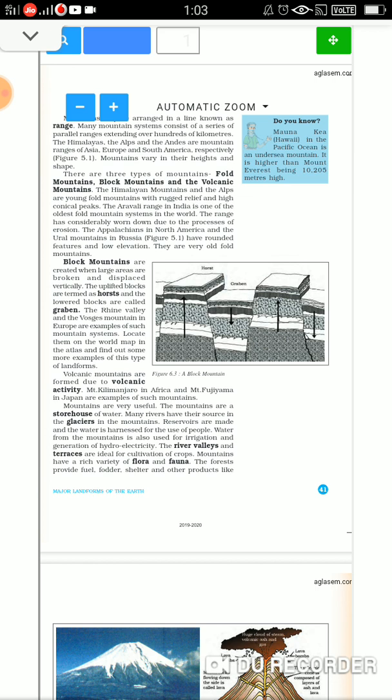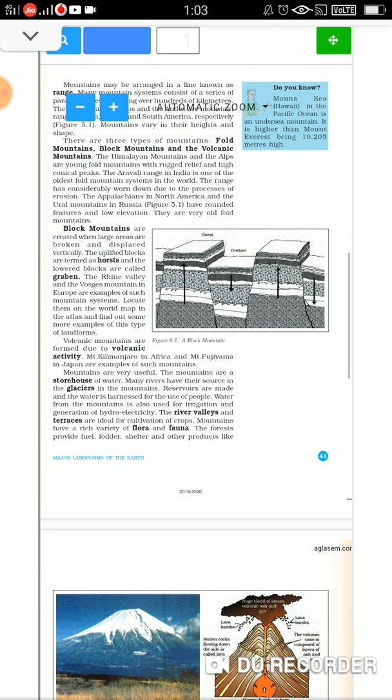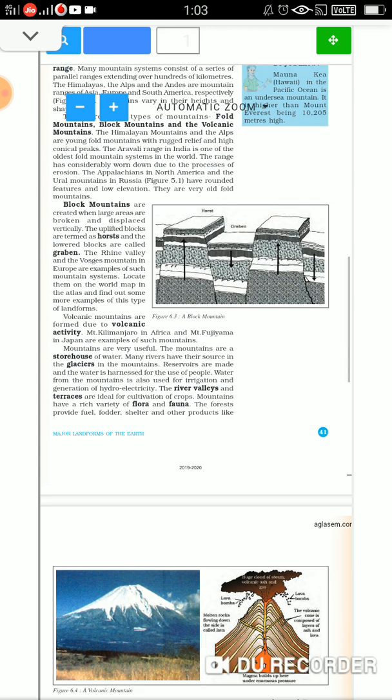Please underline: the range has been considerably worn down by erosion. It has become less high now. The Appalachians in North America and the Ural Mountains in Russia have a rounded feature and low height, so they are very old fold mountains.